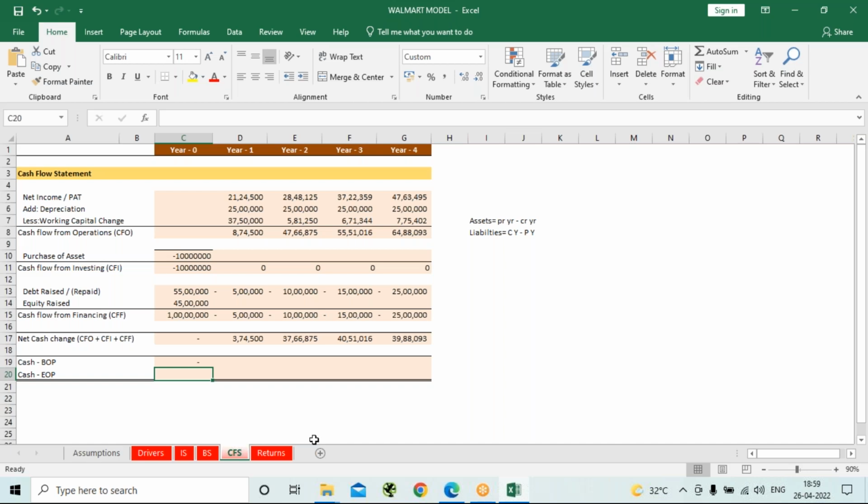End of period will be equal to the net change in cash value plus the BOP value. And the next year it will be equal to the previous year closing balance, and this will be equal to this value plus this. So let me drag it.